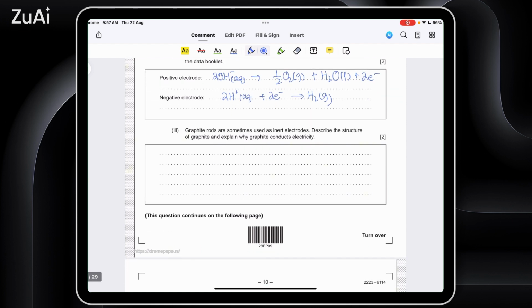Graphite rods are sometimes used as inert electrodes. Describe the structure of graphite and explain why graphite conducts electricity.